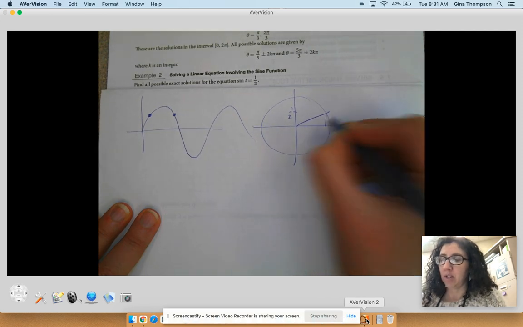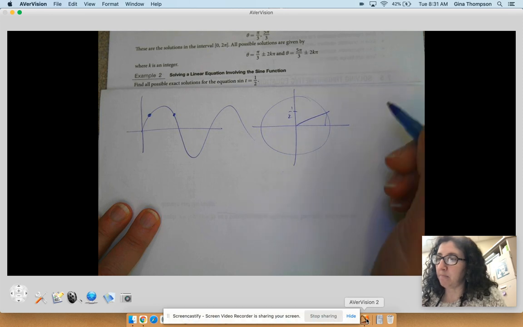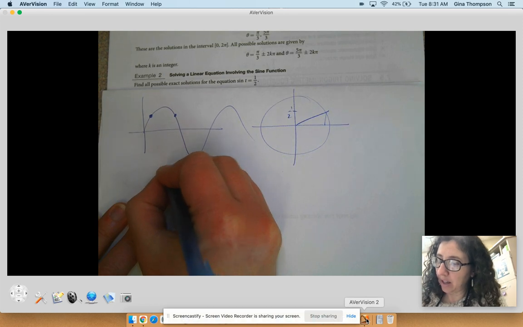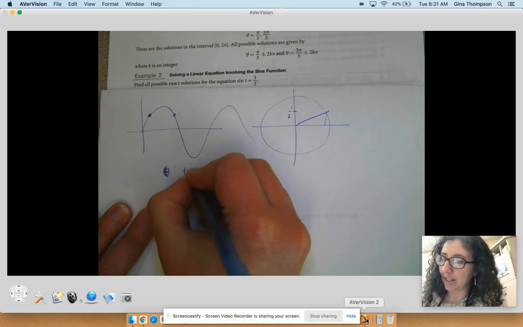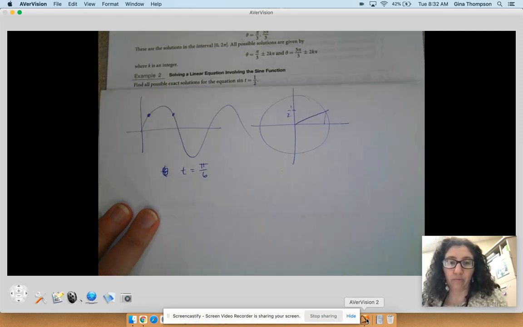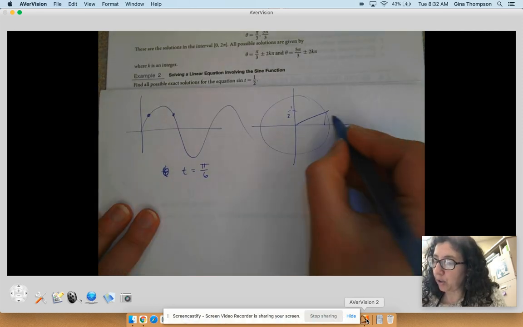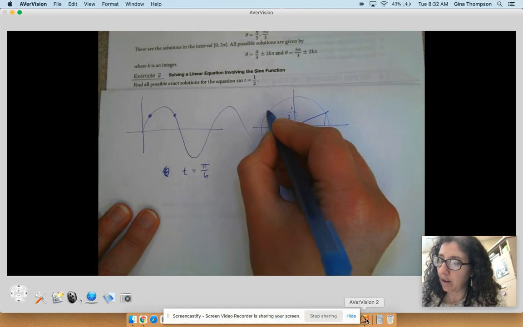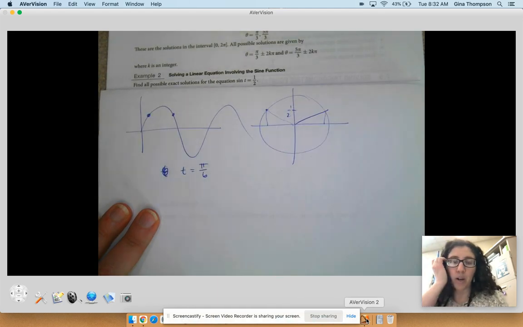If sine is 1/2, that's at pi 6. So 1 solution is going to be that t, I guess our variable here is t, that t equals pi over 6. And the other solution is going to be over here. So this looks like problems you had on your last test.